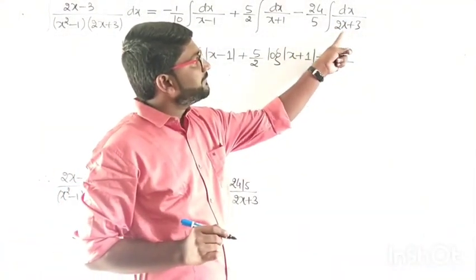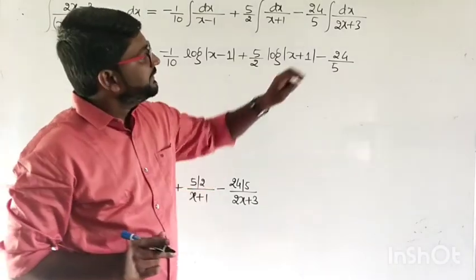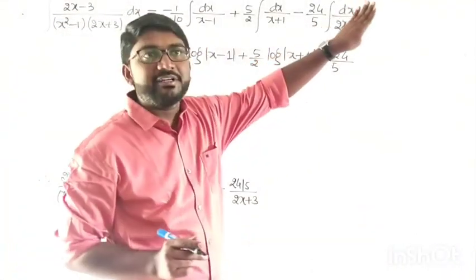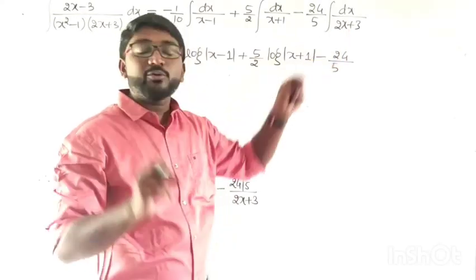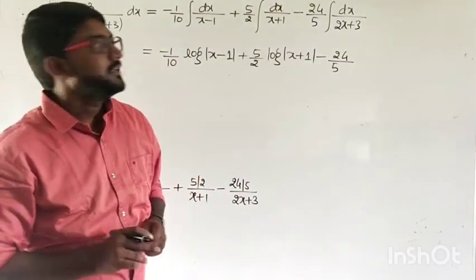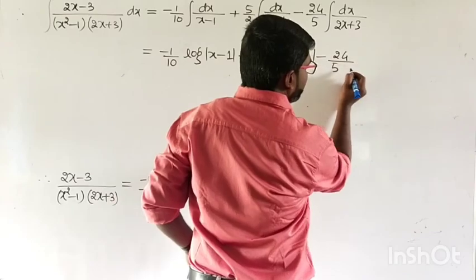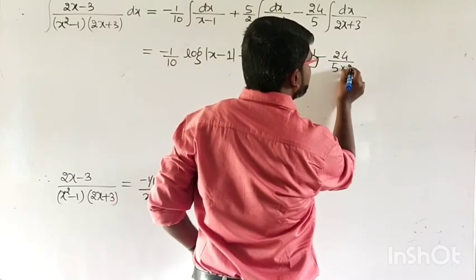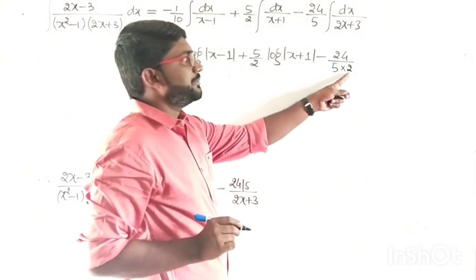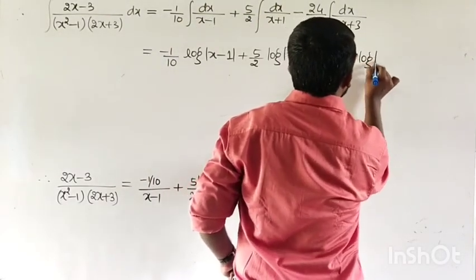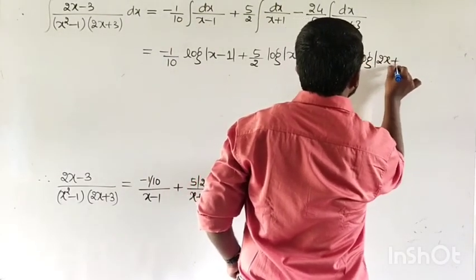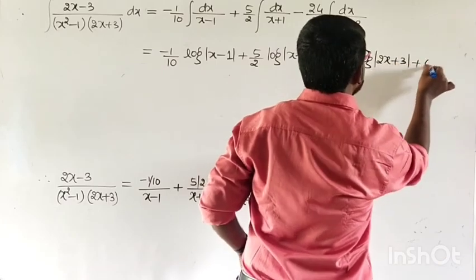Here the coefficient of x is 2. If it were only x plus 3, we could have written log mod x plus 3. But the coefficient of x is 2. We have to divide by the coefficient of x, that is 1 by 2. I write 2 here, so I am dividing by the coefficient of x, into log mod 2x plus 3 plus c.